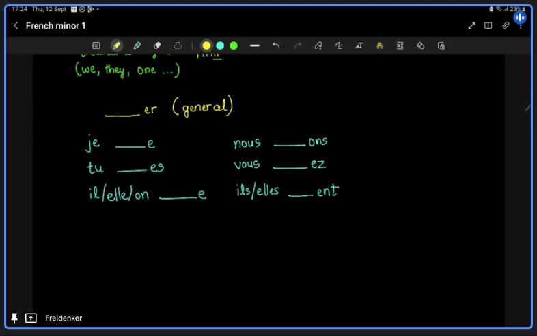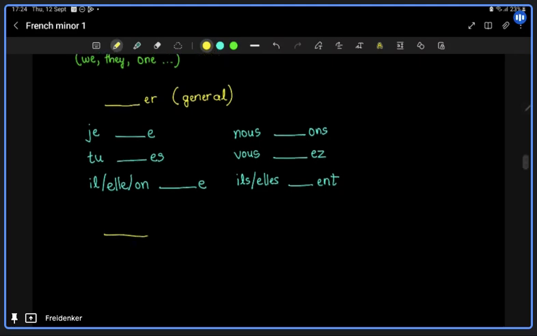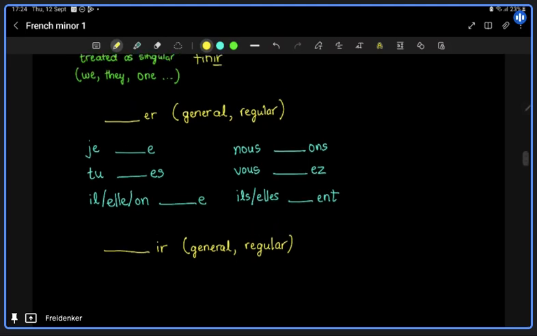General er ending verbs. The other general thing is ir ending verbs. General, or you could call it regular, whatever. And you need to know some verbs as well, no? Their meanings as well. So parler means to speak.